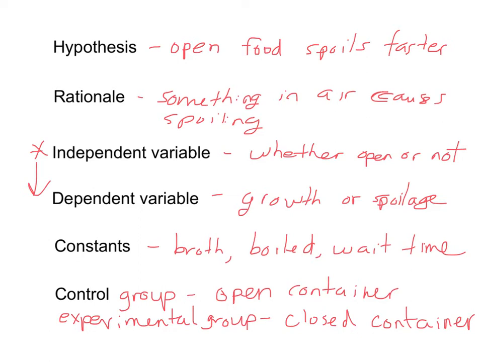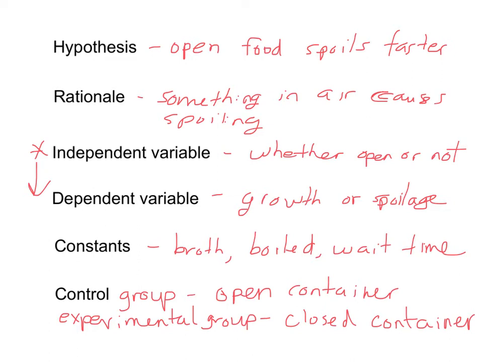Having those constants and having a control group are what help make your experiment more valid. The other thing you have to do to encourage your experiment to have good results is repeat it multiple times so that you can evaluate the precision of the data. If we do this once, it could be a fluke, it could be an accident or a mistake, the results we get.